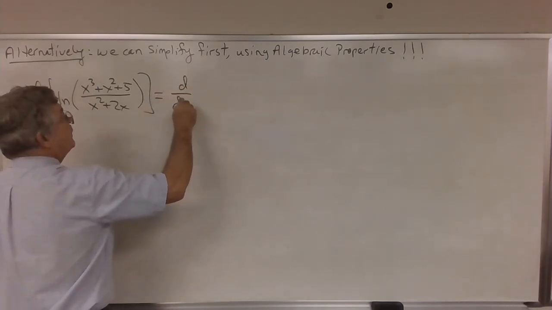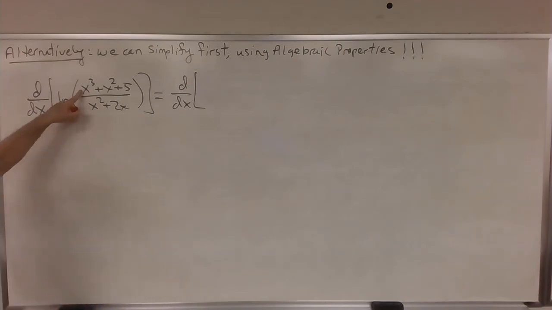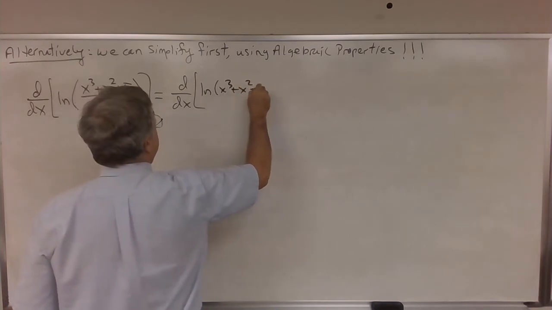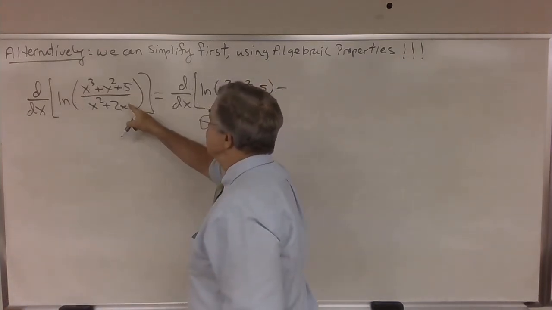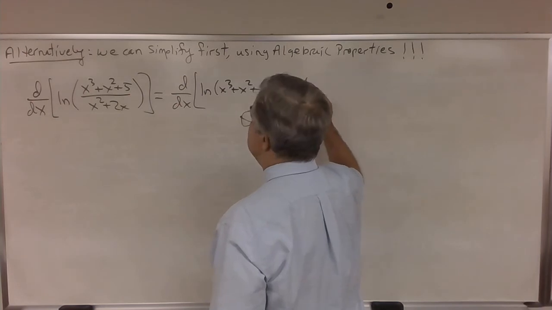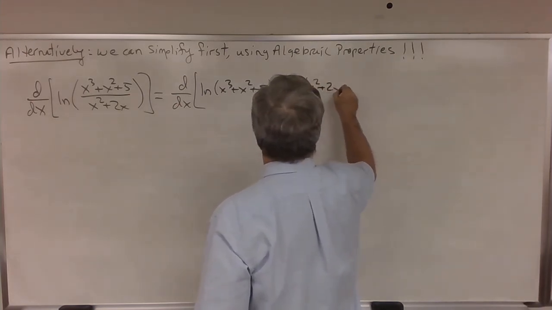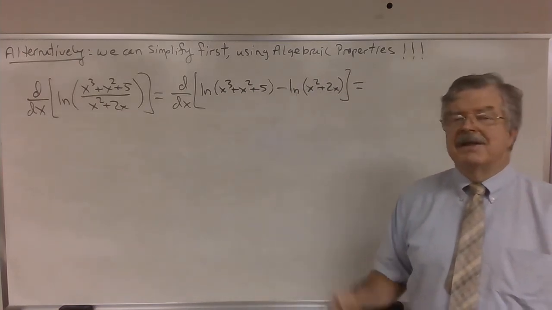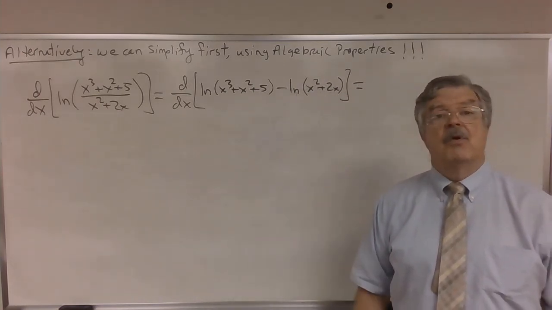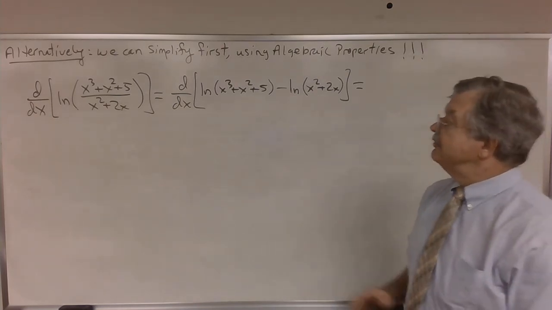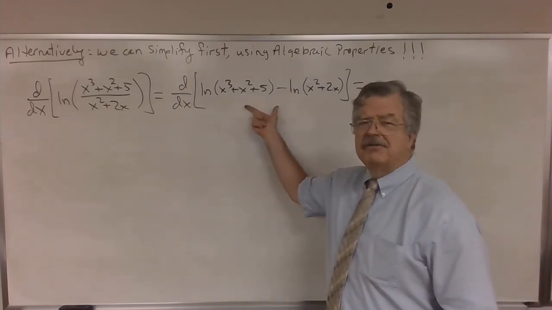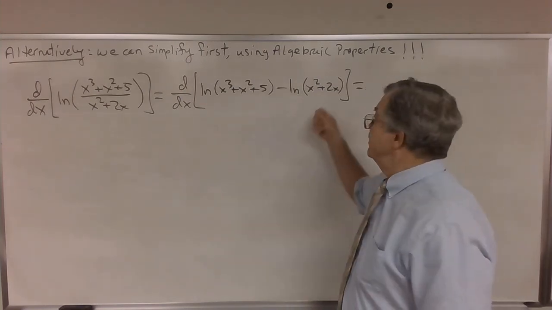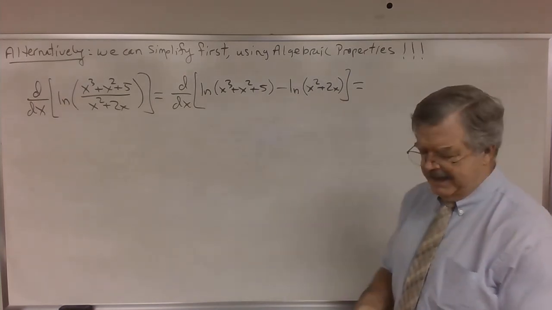So we can write this as the natural logarithm of the numerator minus the natural logarithm of the denominator. Guess what? No more quotient, no more quotient rule. This is now the derivative of the difference of two functions. So we compute the derivative of the first, the derivative of the second, and then just combine it.